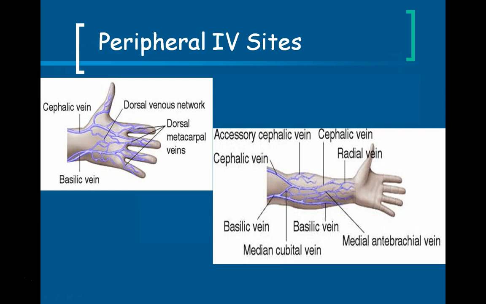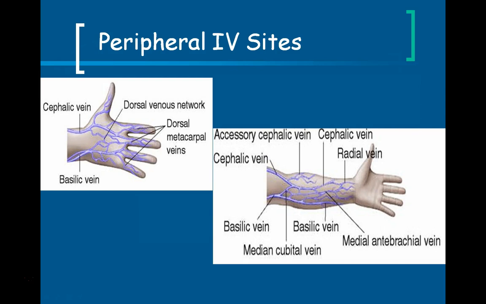So if we anticipate that an IV is going to be in for more than a few days, we want to start as distally as we can so that we have vein to move up on. One of the problems is the more distal that we go, the smaller the veins are. And in general, smaller veins can have more complications than larger veins. So there's a lot of different things that we need to take into account.